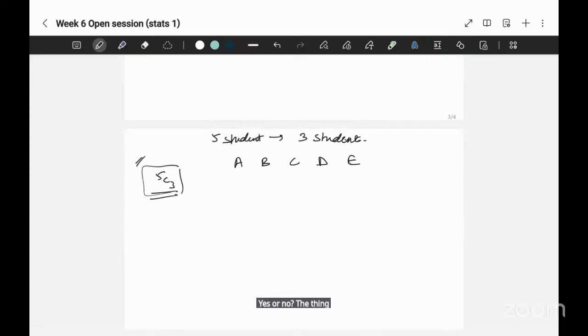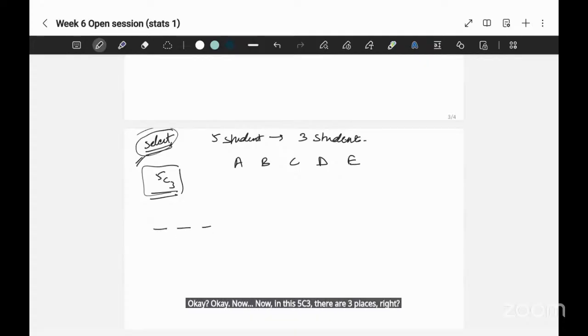The thing is simple. Ma'am, 5C3 or 5P3? You have to select 3 students. I said select, yes, ma'am, 5C3. Now in this 5C3, there are 3 places, right?